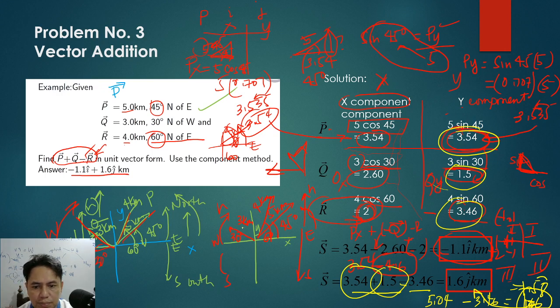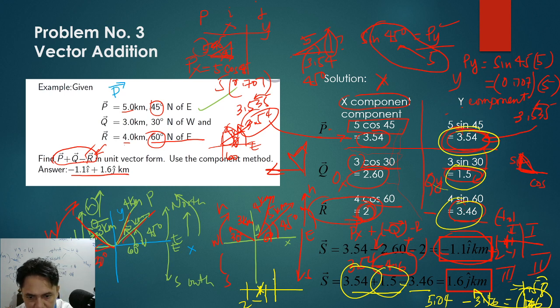Where do we put that? The resultant, the summation of addition, is this 1.1 kilometer to the negative, right? So 1, 2, negative 1, negative 2. So this one, negative 1.1 kilometer, then 1.6 here.